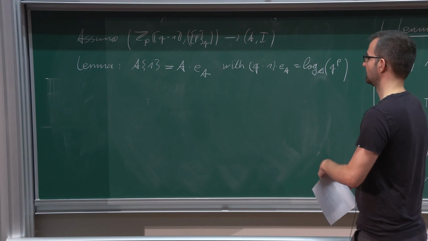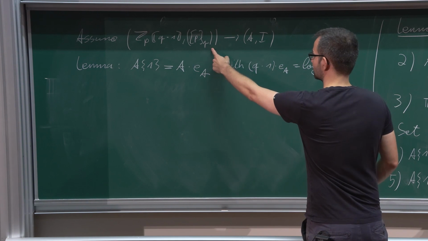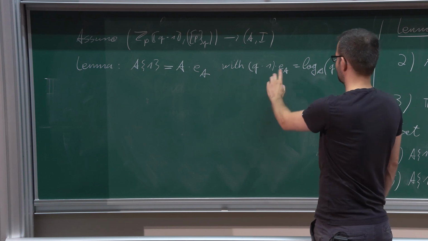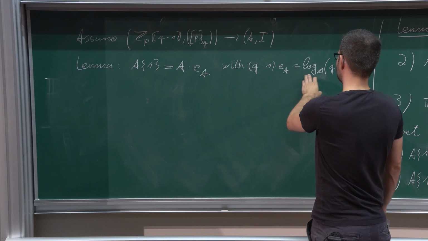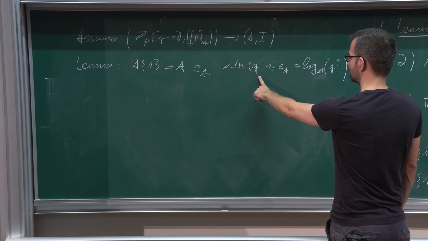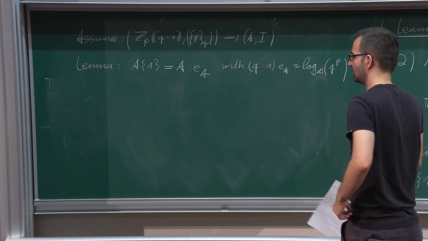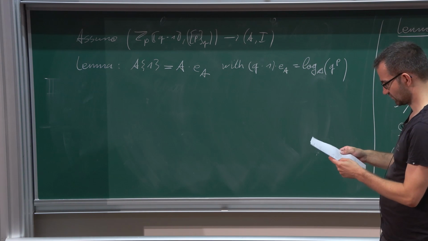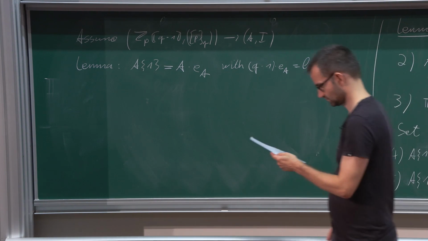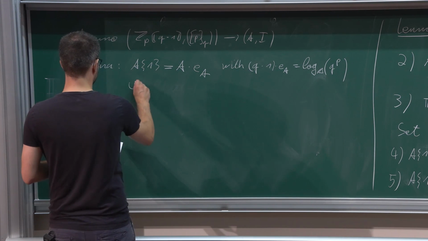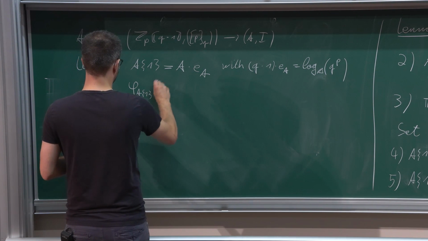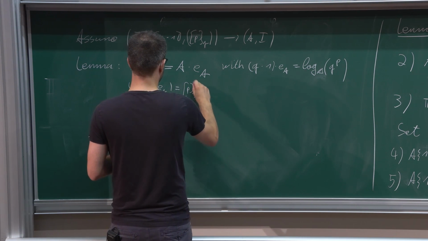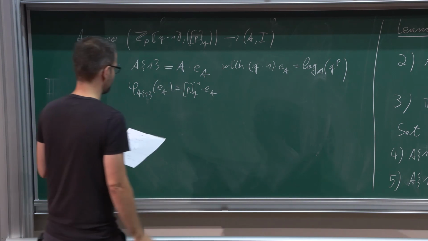Note that in the case that (A, I) is actually this prism, this pins down uniquely the element e_A, because we can rephrase this as saying that the prismatic logarithm of that element is uniquely divisible by q minus 1, and this generates the Breuil-Kisin twist, and therefore by base change, this also holds for all prisms. And then also phi_A of this element is equal to [p]_q inverse of e_A.